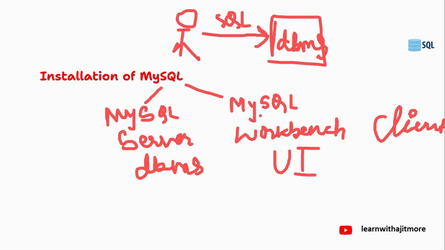You have to install both. Then when you start Workbench, you have to first connect with this server. Once the connection is established, now you can start sending the query and get the result. And whatever the result, Workbench only will show the result to the end user. Understanding what I'm trying to tell you?